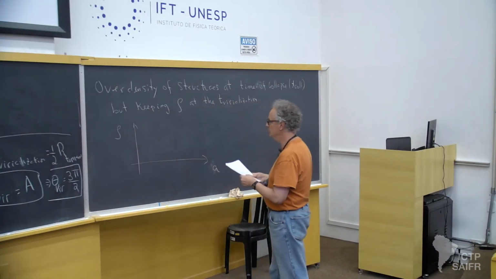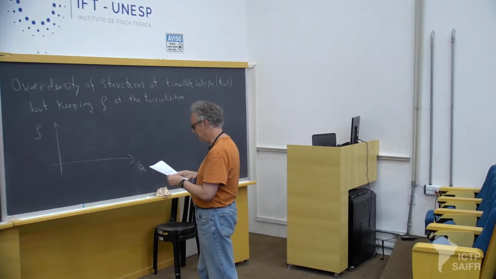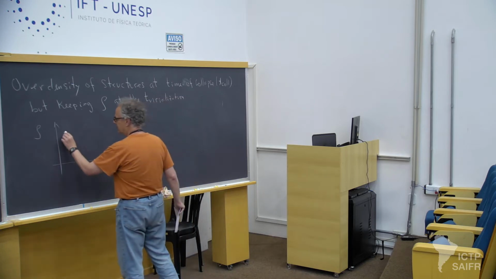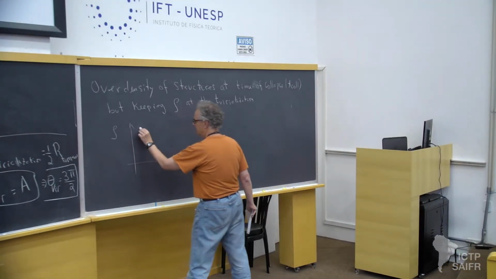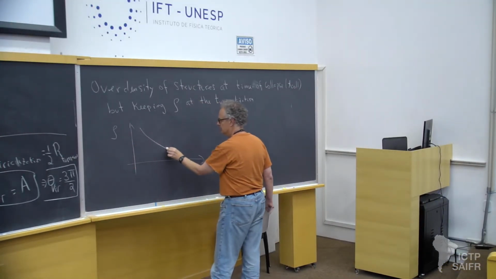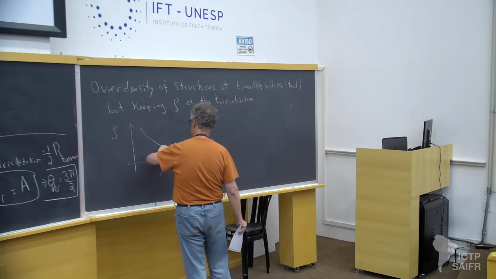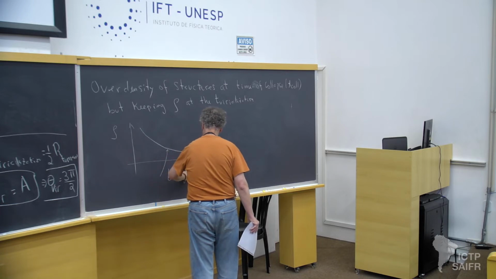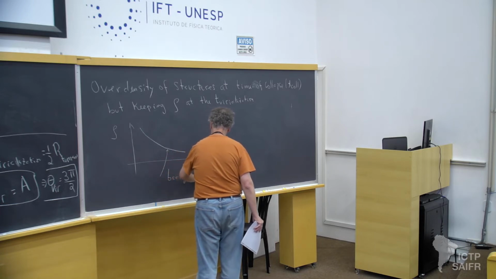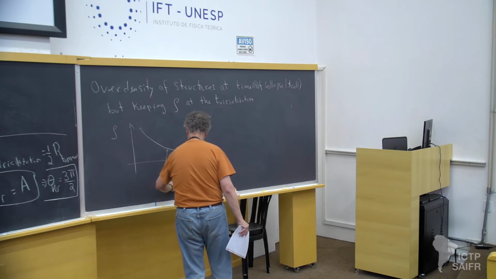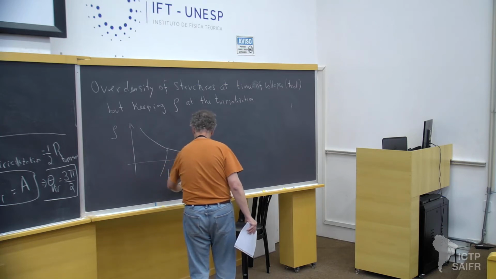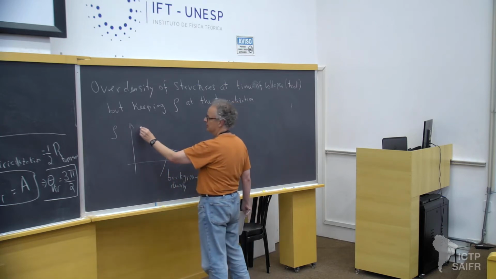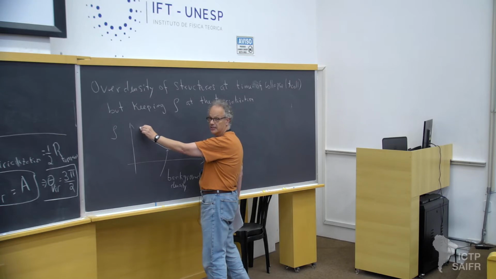So what I want to do is what happens with the density. So first I will plot the background density, and the background density goes like a to the minus 3. So this is the background density. And now what happens with the perturbation? So the perturbation starts close to the background, if you remember.